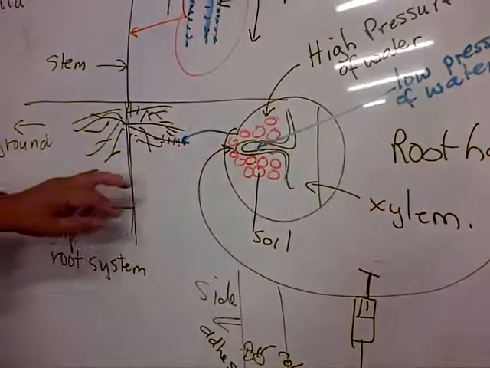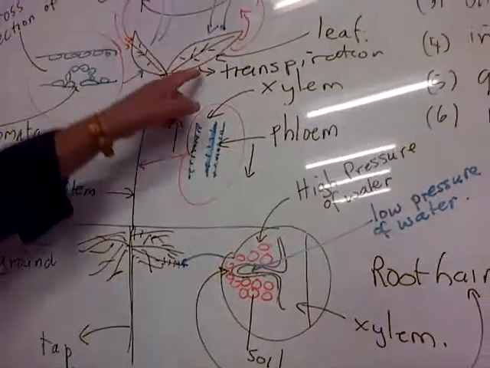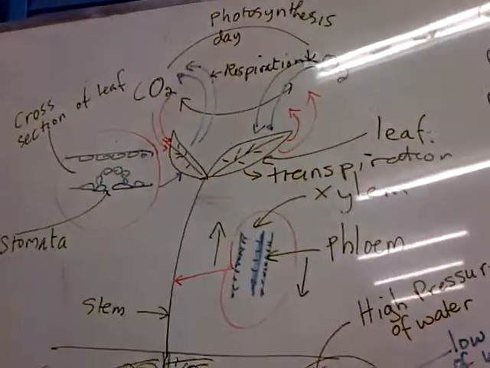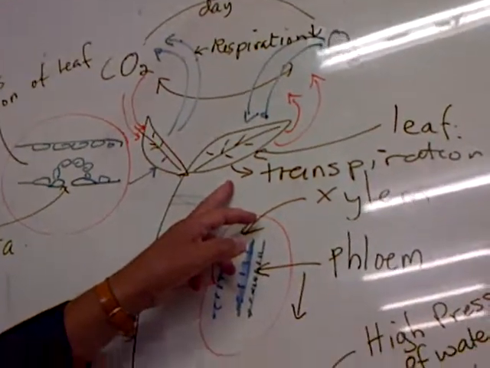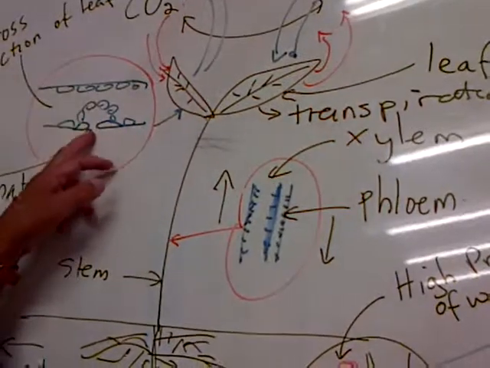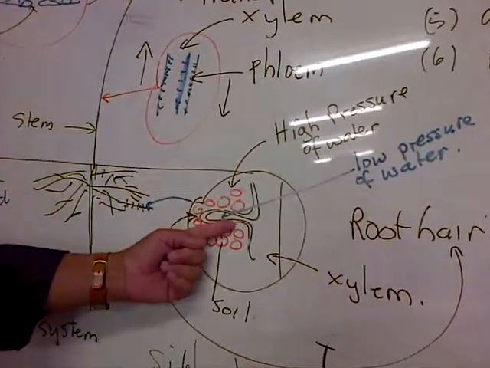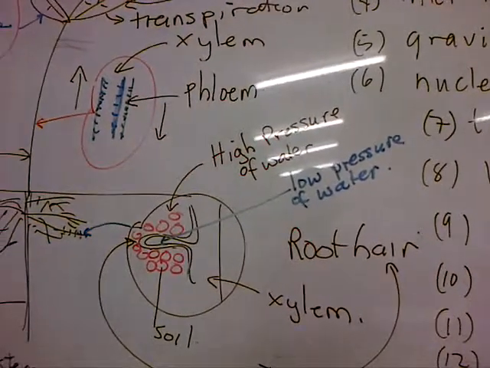So here, if there isn't a high concentration of water here, and a low concentration of water there, you won't have the water moving up into the leaf. Here's a low concentration of water vapor in the air. So the water goes out by the stomata, and then in goes the water from the root into the system to create a balance. To create that vacuum effect.